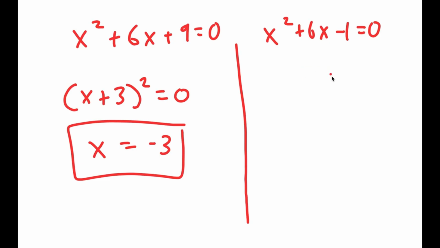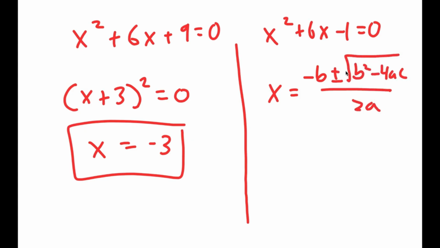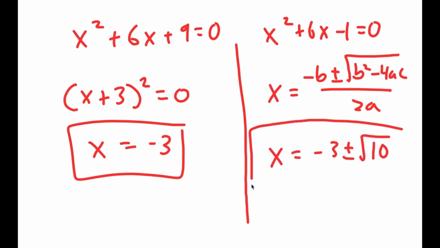The quadratic formula is negative b plus or minus the square root of b squared minus 4ac all over 2a. So if I plug these values into the quadratic formula, I get x is equal to negative 3 plus or minus the square root of 10. These are two more solutions to this equation.